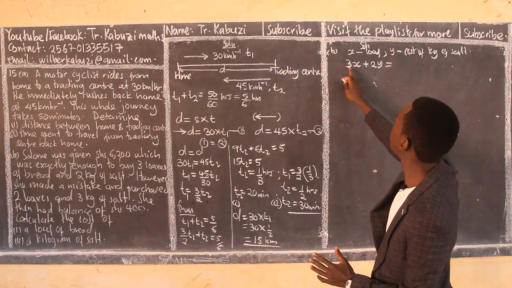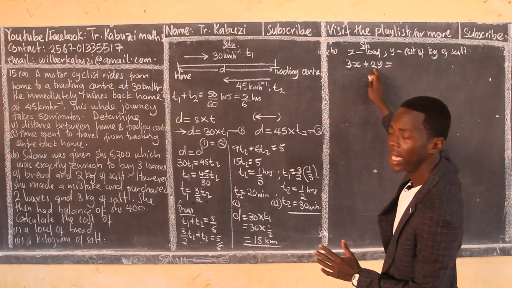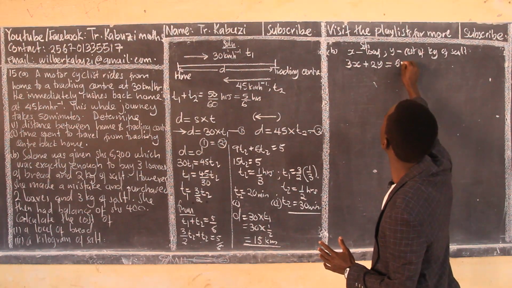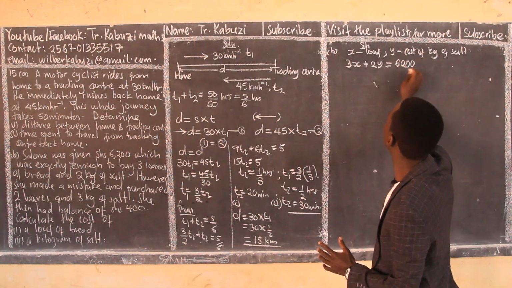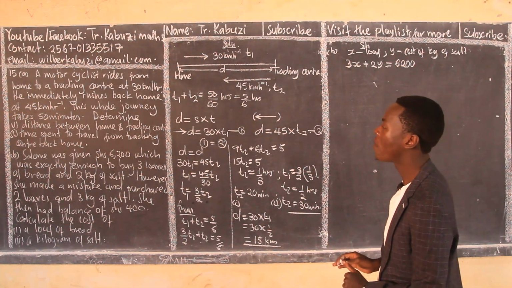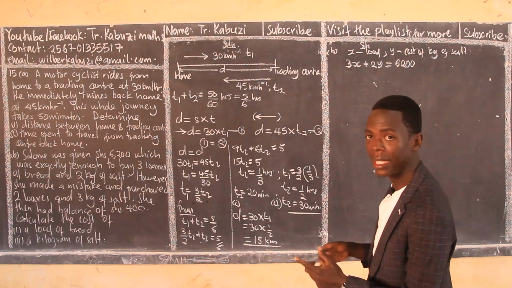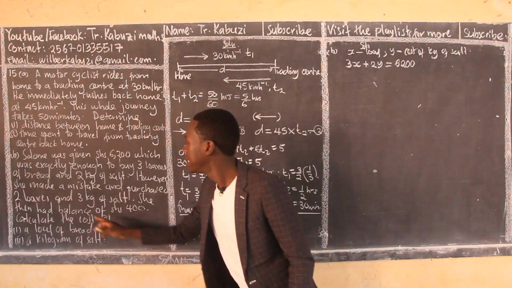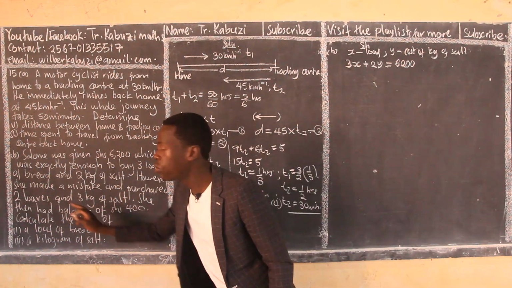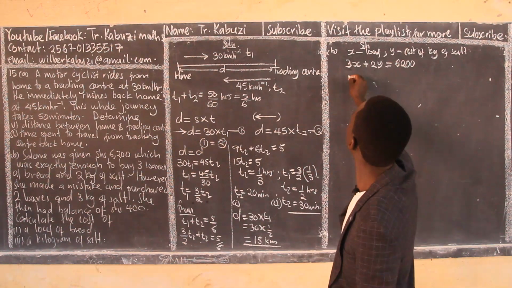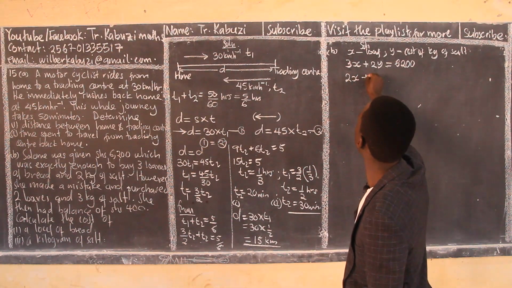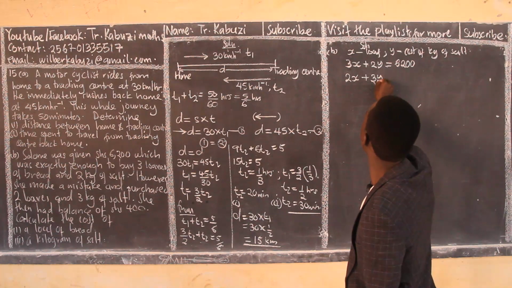So if she bought 3 and bought 2, she was going to use 6,200. But instead, she made the opposite. How? She purchased 2 loaves plus 3 kilograms of sugar.